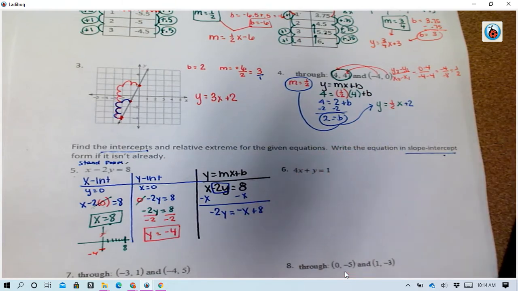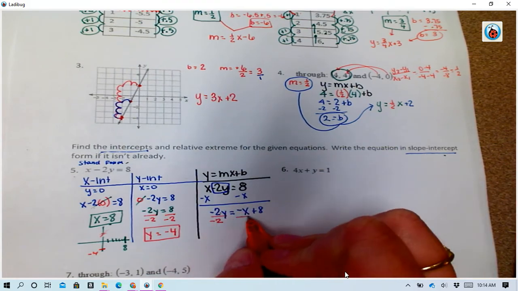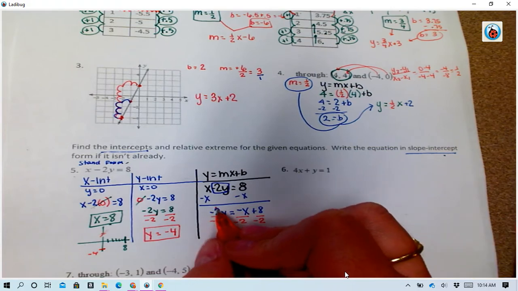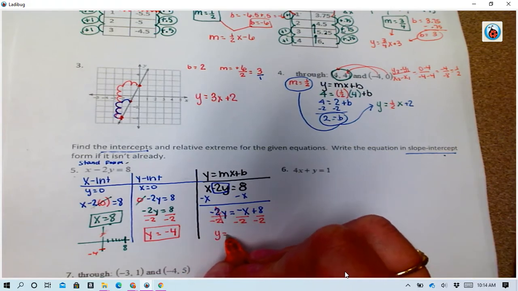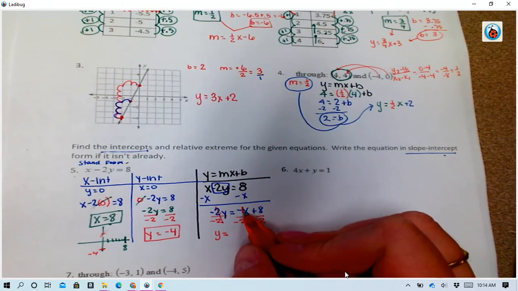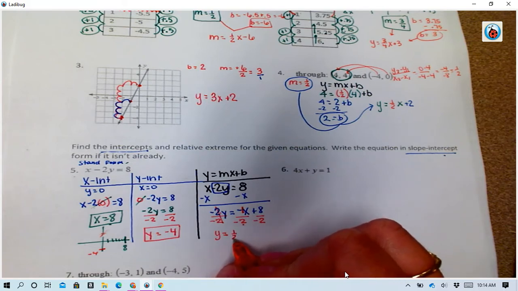Still have to get that y by itself. It's being multiplied by negative 2, so I'm going to divide by negative 2 on both sides. So that cancels. I'm left with y equals, there's secretly a 1 here, so it's negative 1 divided by negative 2, which would make that a positive 1/2. The x doesn't change.